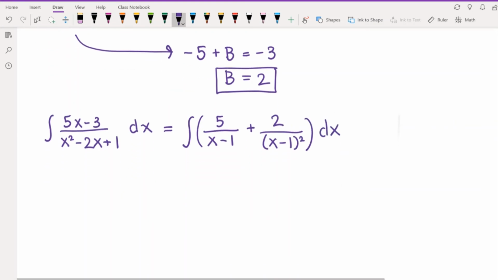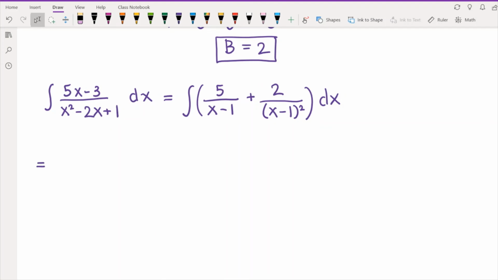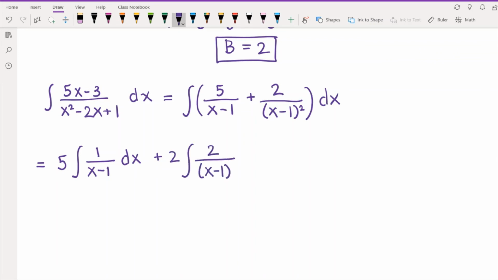And then we can split this apart into two integrals. So we have 5 times the integral of 1 over x minus 1 dx. And then here we have 2 times the integral of 1 over x minus 1 squared. Oops, sorry, I pulled out the 2, so this should just be 1.